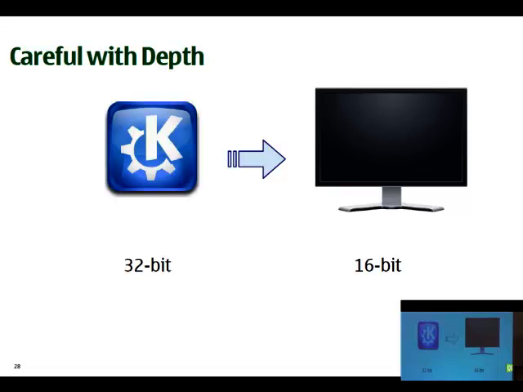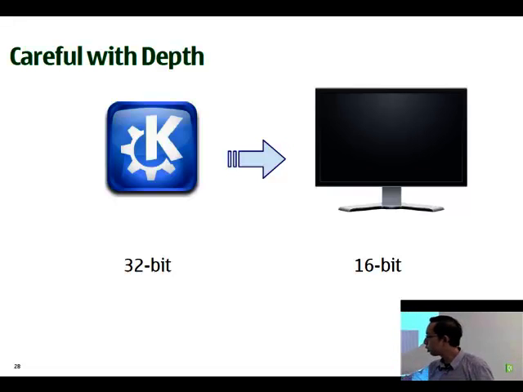In this case, Qt needs to perform 32-bit to 16-bit color conversion. It's not a cheap operation, which means that every time you try to display this image, you will have a problem, because Qt will do the conversion for every single pixel, and that is expensive. So another thing that you can do is, if you know that your target display is 16-bit, try to work with a 16-bit image.